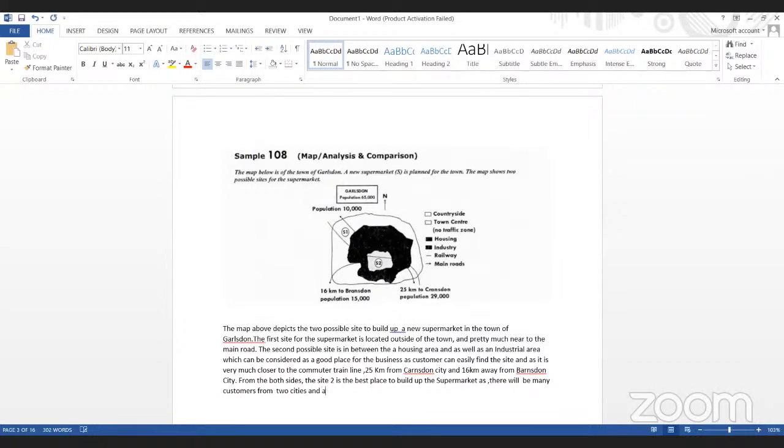and as it is situated in a town area, right?